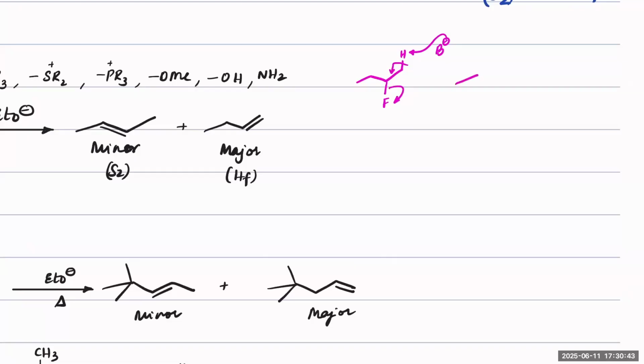But it will not happen simultaneously. As soon as the hydrogen is leaving here, sufficient delta negative charge is already created before the fluorine could leave.